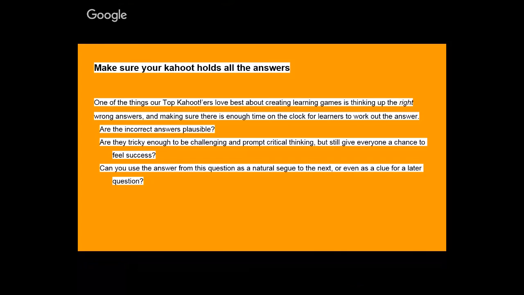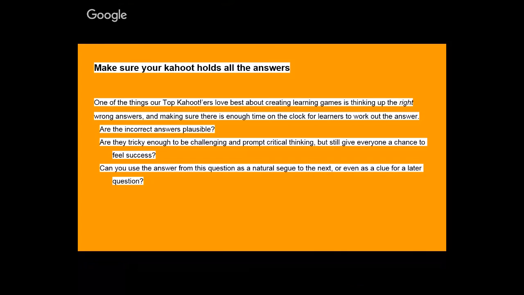So in other words, when you're putting thought into these questions, make sure that you've really thought about these answers before you just throw them out there. Are the incorrect answers plausible? That's another thing to think about. You don't want to leave loose ends for students where they feel like, could it be all, could it be one?